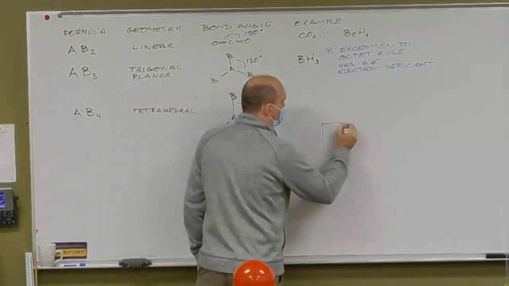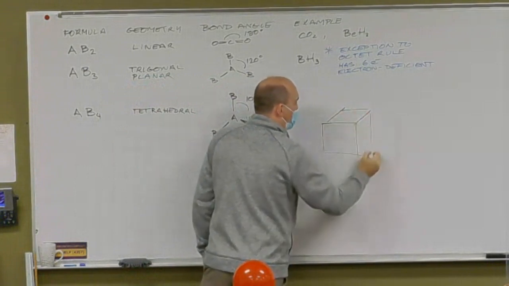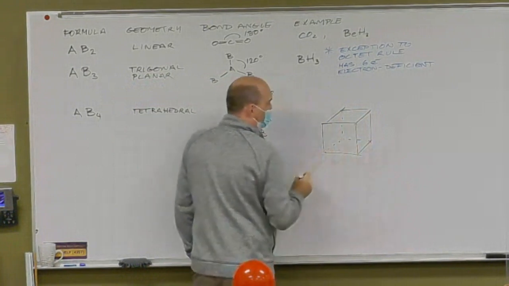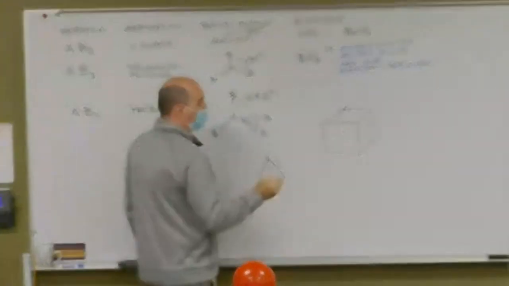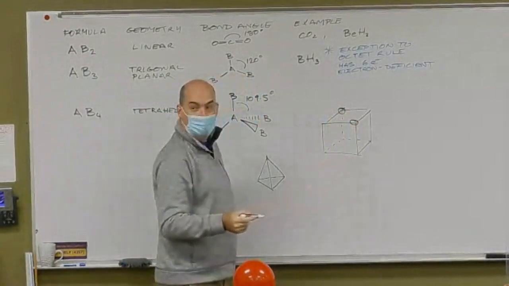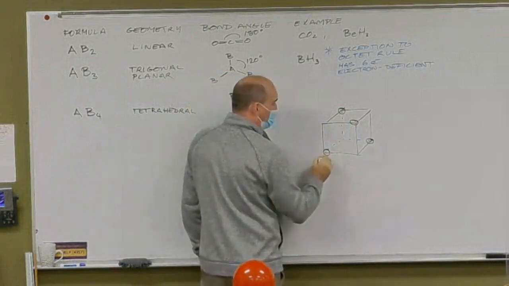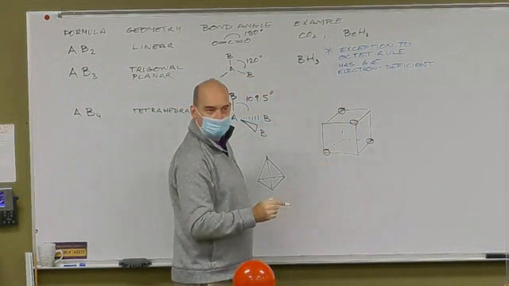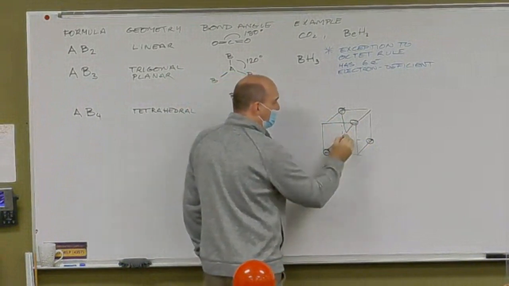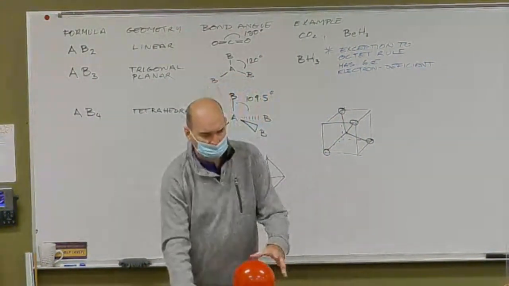And then the other thing that we know about tetrahedral geometry is that it is actually derived from cubic geometry. If I pick a corner and an opposite corner on the top face of a cube, and then the unused corners right there, and I have all of those points meet at the center of the cube, that's a tetrahedron.